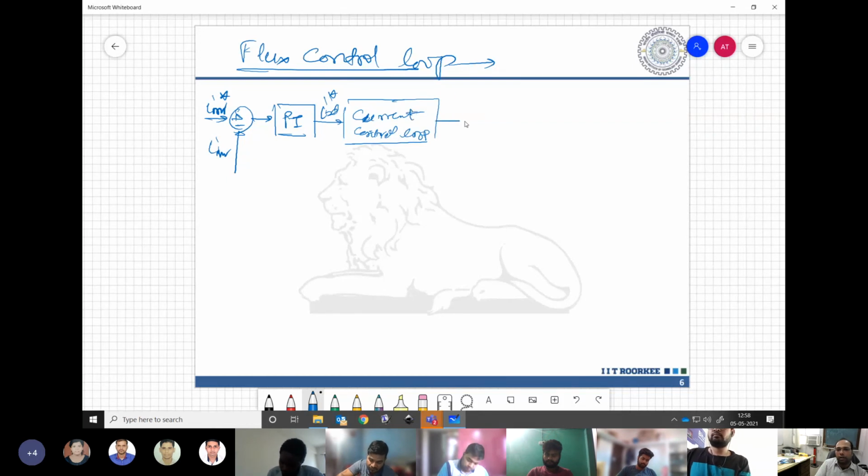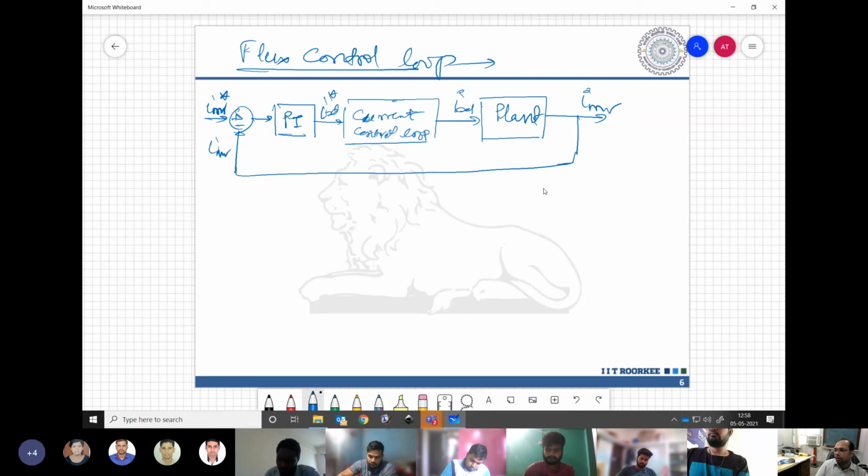Current control loop will generate ISD, almost tracking the ISD reference. Now this will go through the plant, which is the rotor flux plant, which will generate our IMR. And this is how our loop will close. You understand my point? What has happened in between? Anybody having any confusion here?